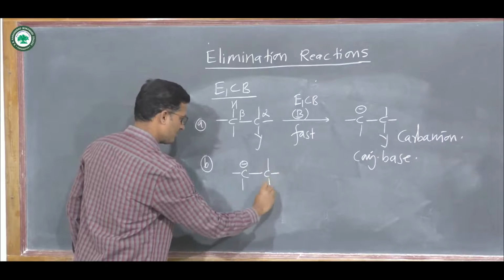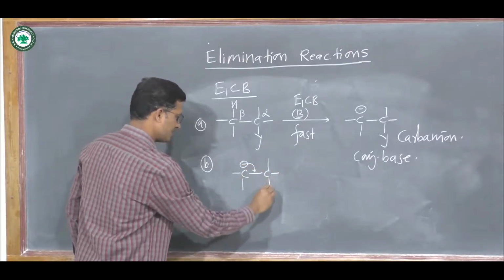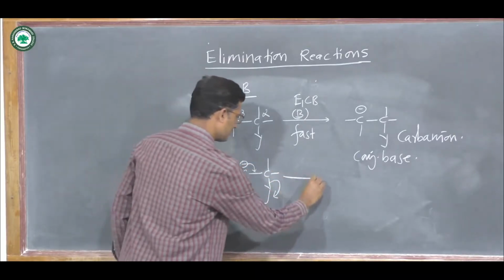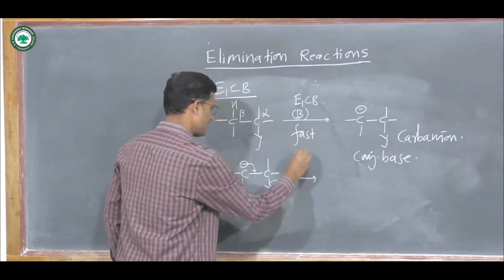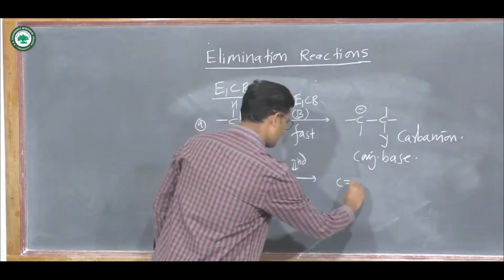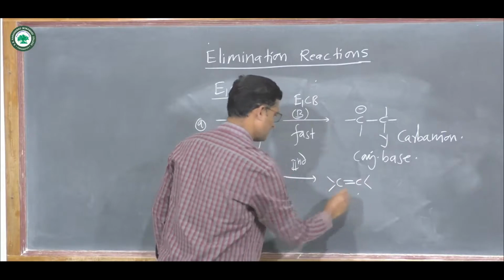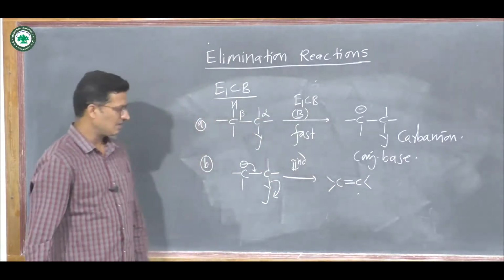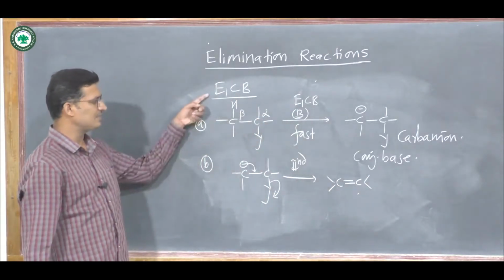Once the carbanion is formed, these electrons are given to here, the leaving group leaves, and this is the second step, in which the product is formed. So this is a simple example of E1CB.